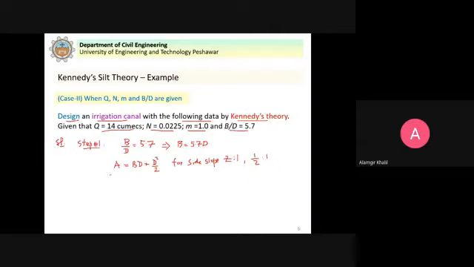Now in this equation you can see that we have this area A, so we just put B is equal to 5.7 D. We can take out this D square as common, so this will be equal to B by D plus 0.5.